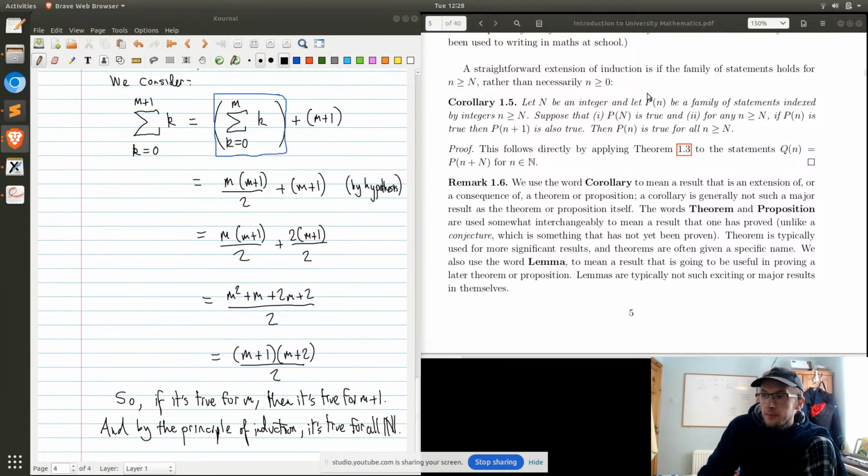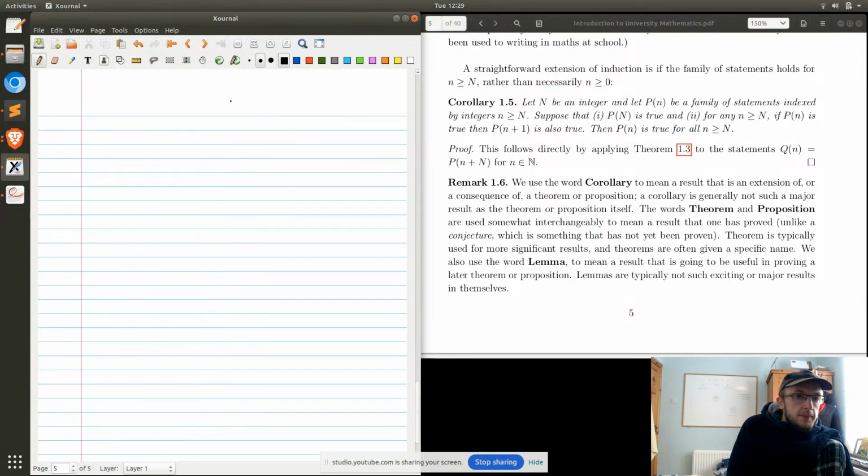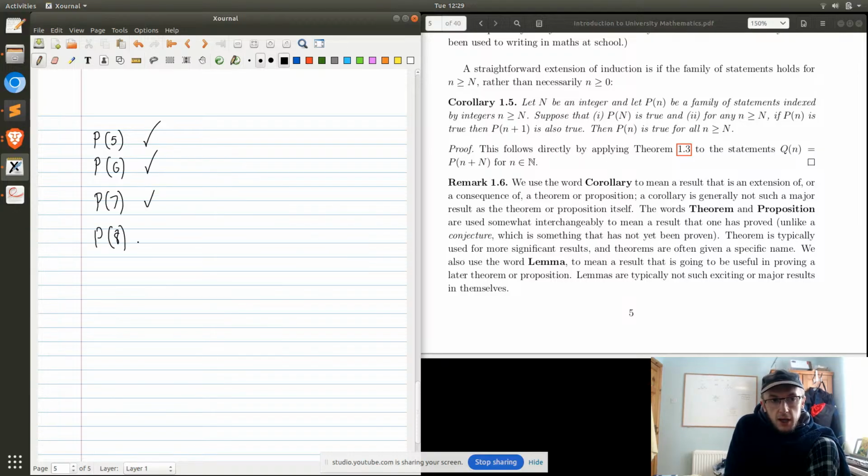Like, let's say you have a set of propositions that you want to prove is true for every single natural number that's greater than or equal to the number 5. Then all you have to do, here's your proposition, your sentence about the number 5, and you want to show it's true. And for 6, and for 7, and for 8, etc. for all the natural numbers greater than or equal to 5. You don't care about 4, though.